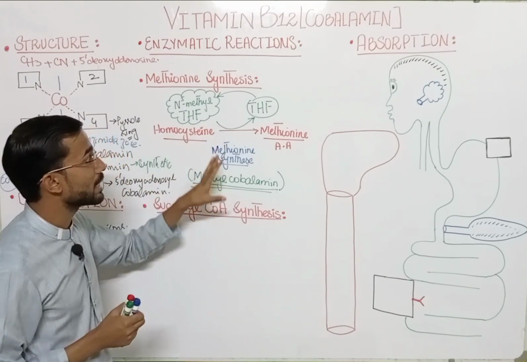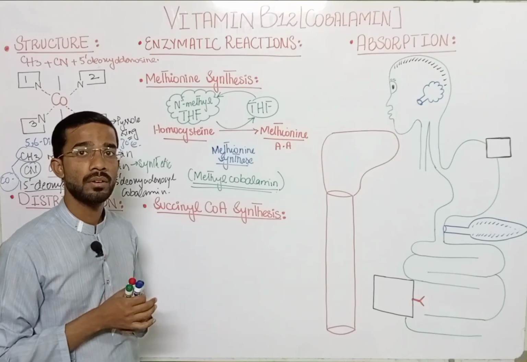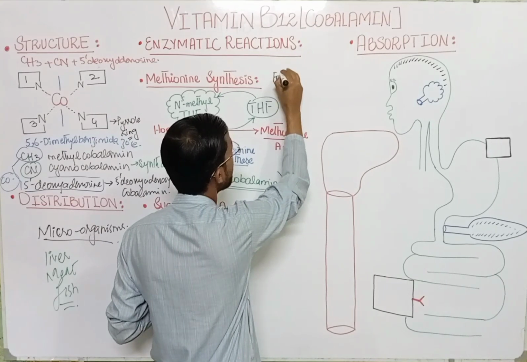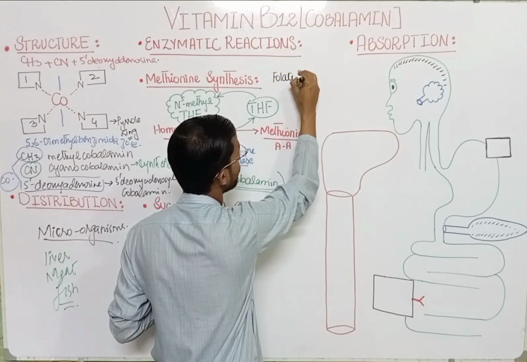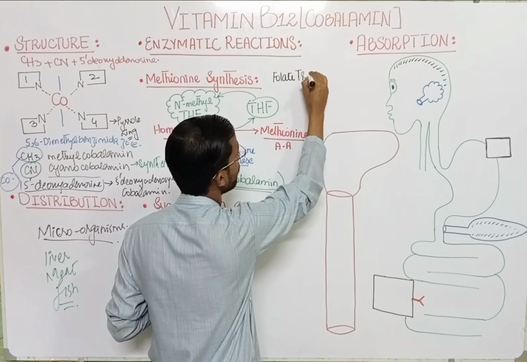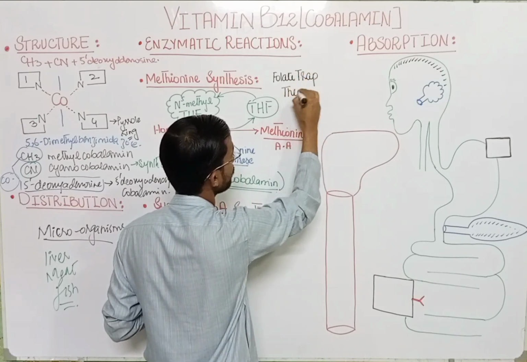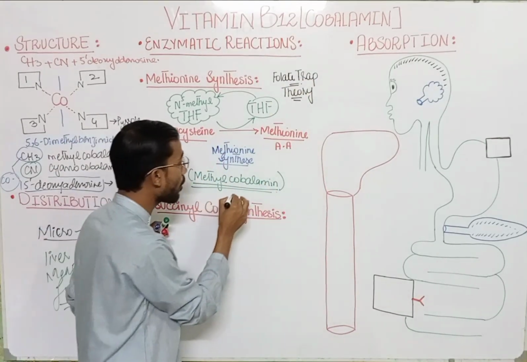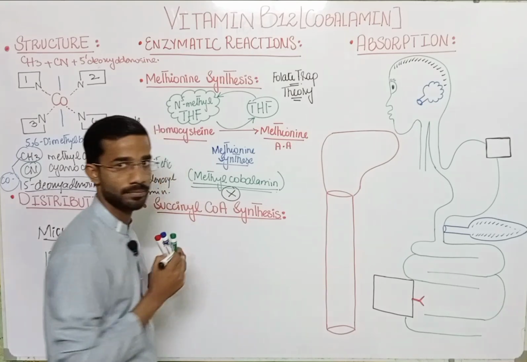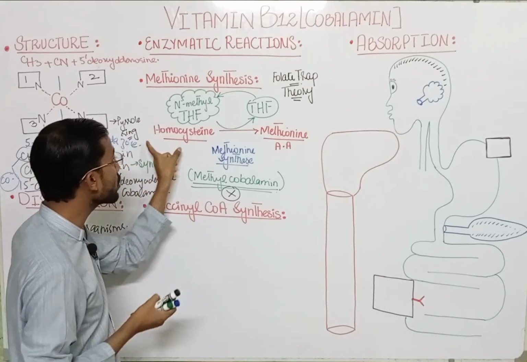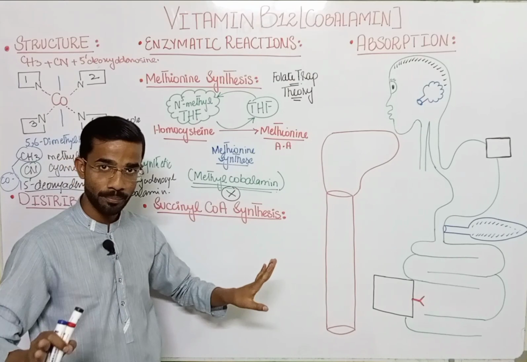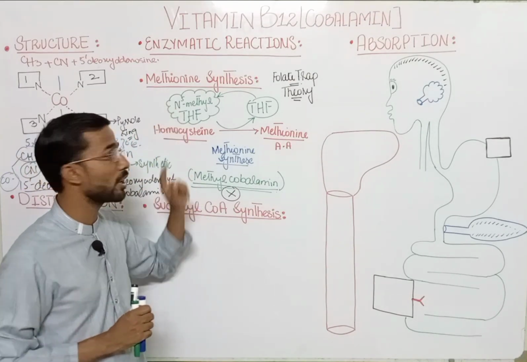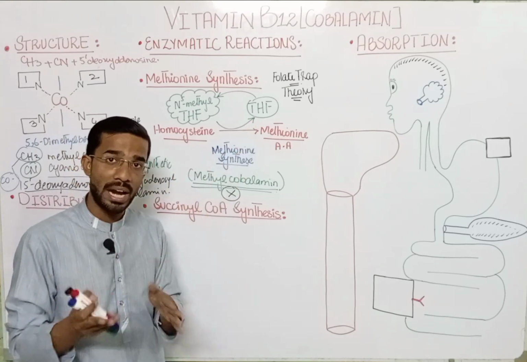But there is a theory in this system called the folate trap theory. In the folate trap theory, what happens if cobalamin is not present? Then the conversion of homocysteine to methionine will stop, and N5-methyl tetrahydrofolate cannot convert into tetrahydrofolate.